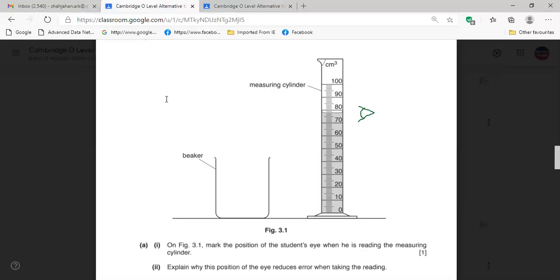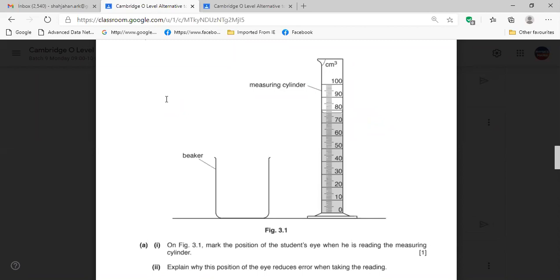Just wait, see what he's doing, and then you can try it. This is correct, right? Abir, is it correct? Yes, sir. So you also wanted to say the same thing, right? Okay, so we are done with this.